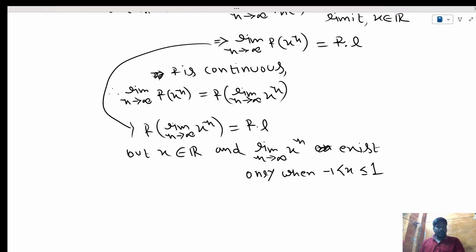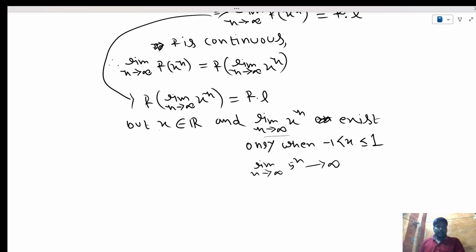That means, if x is bigger, suppose we take the value 5, then 5 to the power n goes to infinity, so the limit does not exist. So given that the limit of x to the n exists, x should be in minus 1 less than x less than or equal to 1.